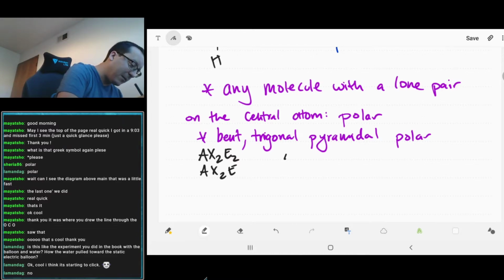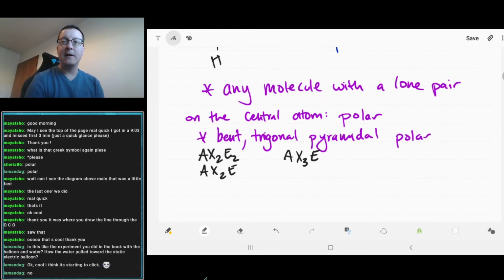And trigonal pyramidal was this one. Notice that all of these have at least one lone pair. And so anything that has those geometries is going to be polar as well. So just another handy tool in your toolkit to use.